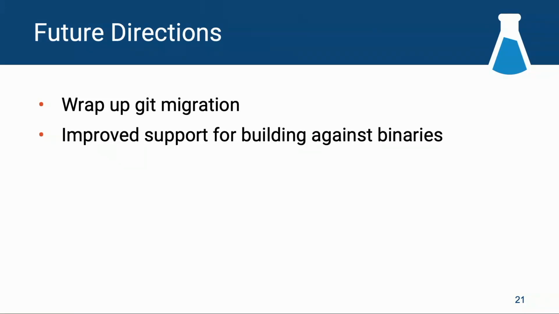Right now, you have to enlist in the source code. And sometimes you may want to see the source code, but more often than not, you just want to build your module. And so we are making slow progress towards solving this. So I'm hoping that in the future, people will just be able to say, hey, I just want to build against this version of LabKey. Get me the jar files, and we'll serve them up from Artifactory.